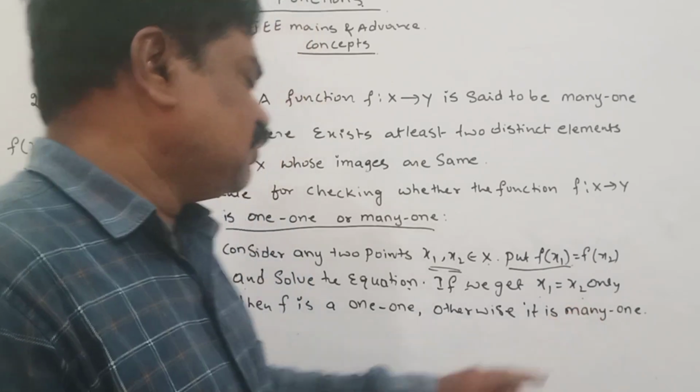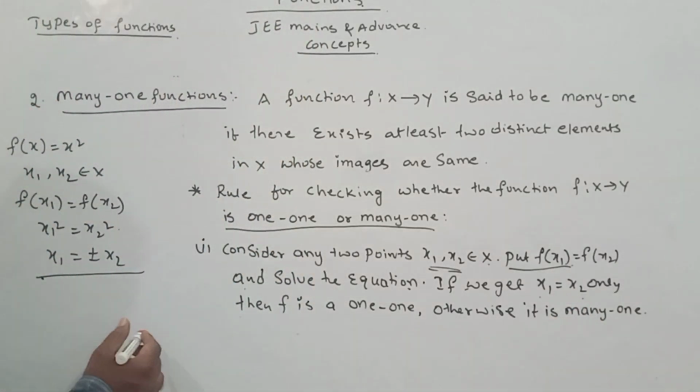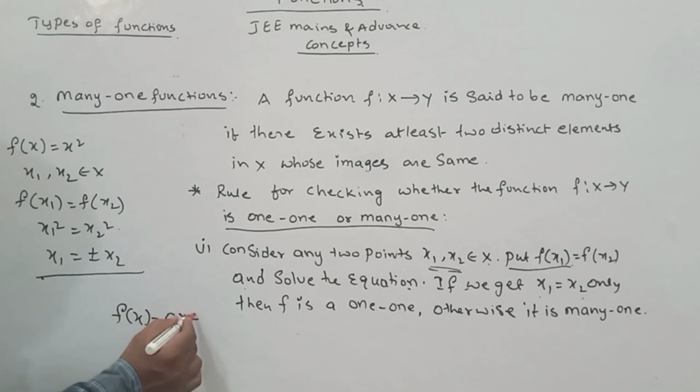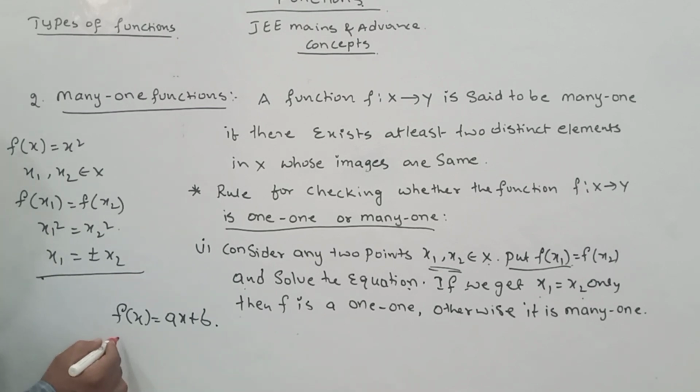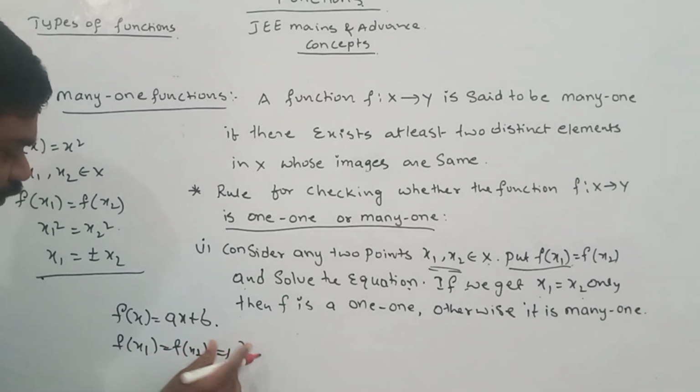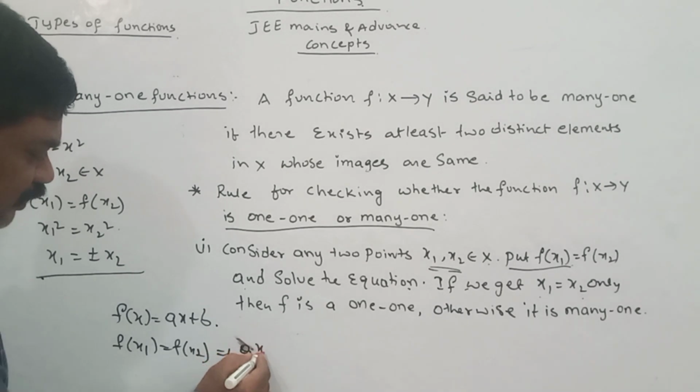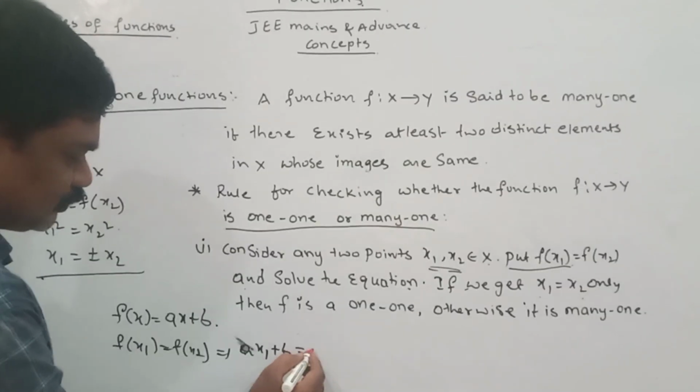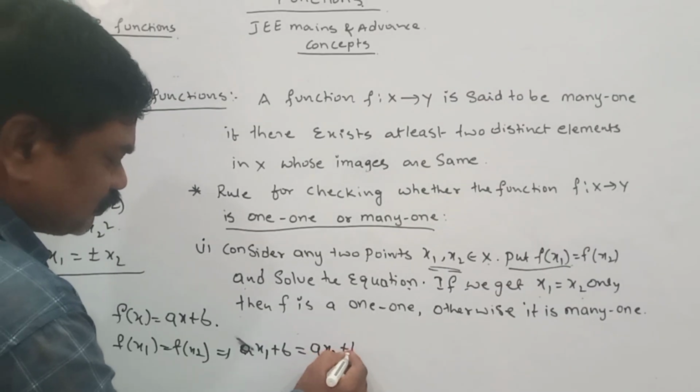You check for a one-one function. If a linear function f of x is defined as ax plus b, then f of x1 equals f of x2 implies a x1 plus b equals a x2 plus b.